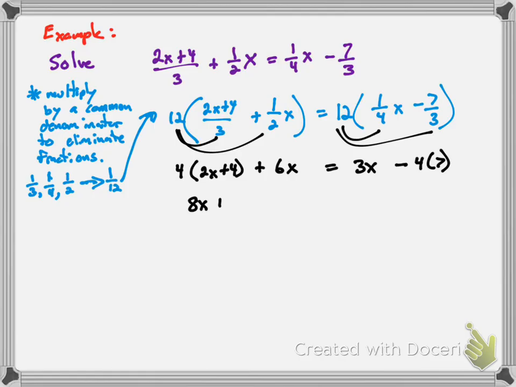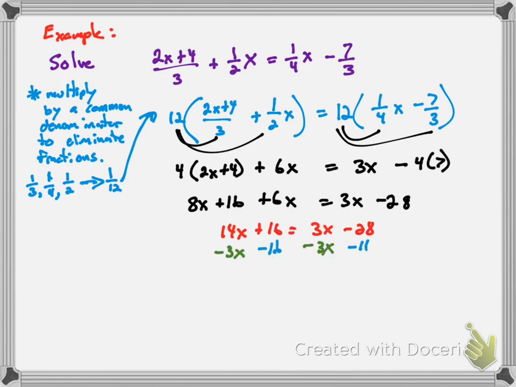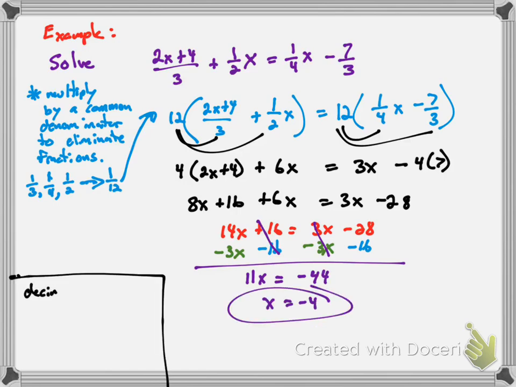So that's where those numbers come from, the 4, the 6, the 3, and the negative 4. And now we're just solving like we did on the last problem. Distribute, combine like terms, use addition and multiplication properties of equality as needed.